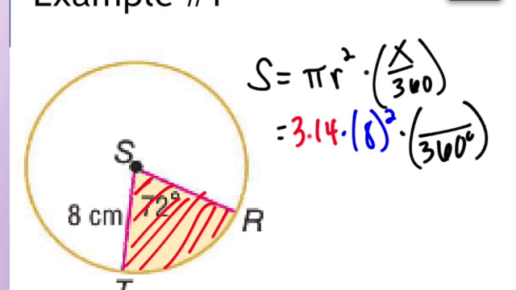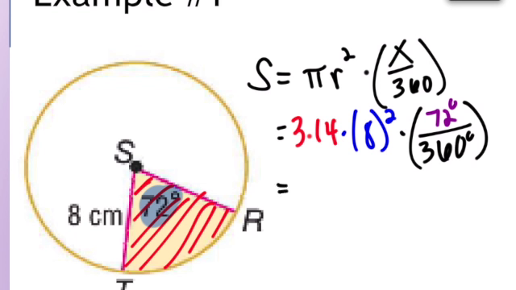In this case, we can see that that angle 72 is going to be my x. So I'm going to put 72 degrees here, and just plug everything in and multiply it all together.